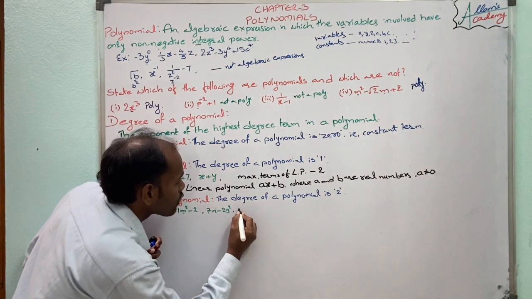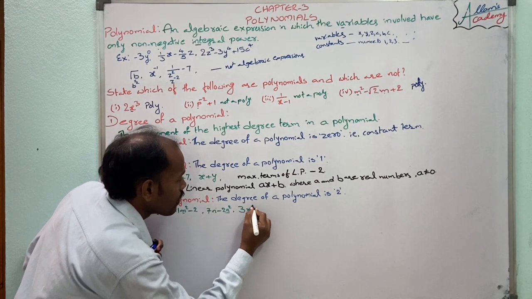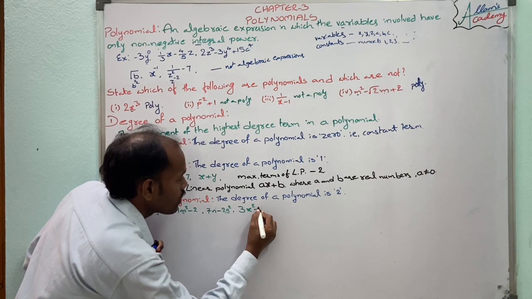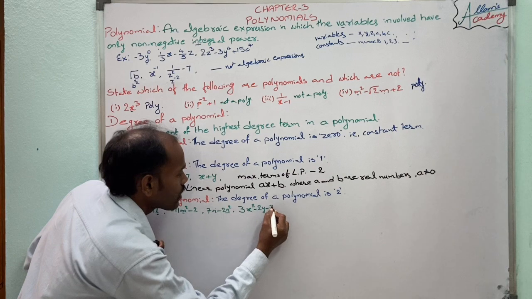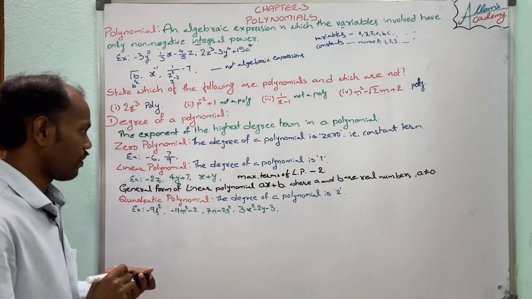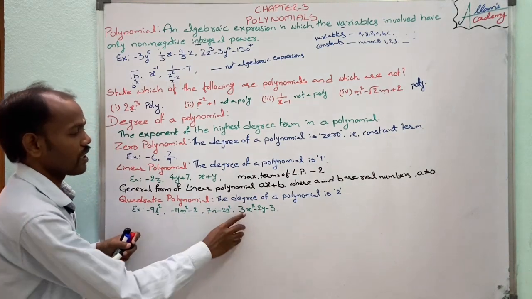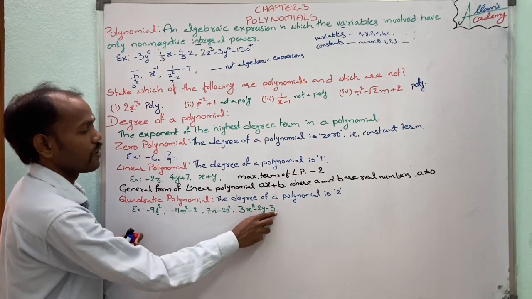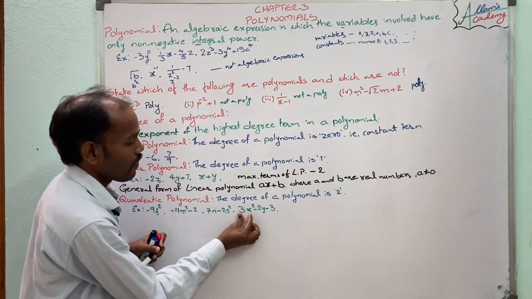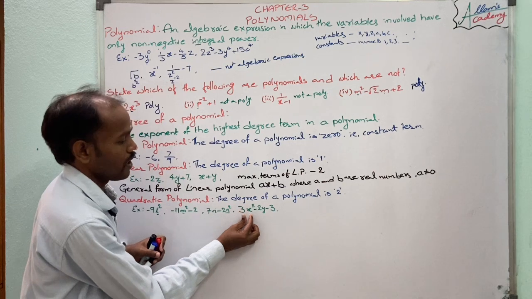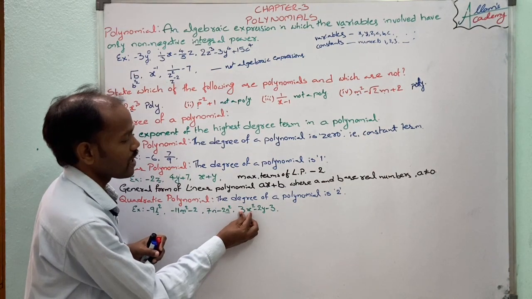Next, 3x square minus 2y minus 3. Now here if we observe this example, it has 3 terms: 3x square is one term, minus 2y is one term, minus 3 is one term. In the first term 3x square, the variable is x, it has the exponent 2, so this term's degree is 2.